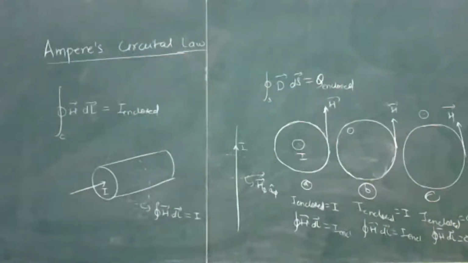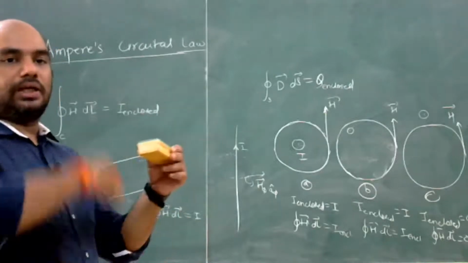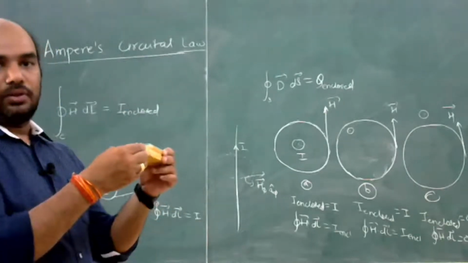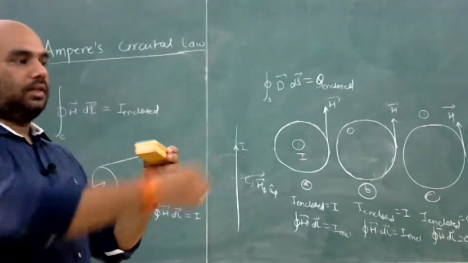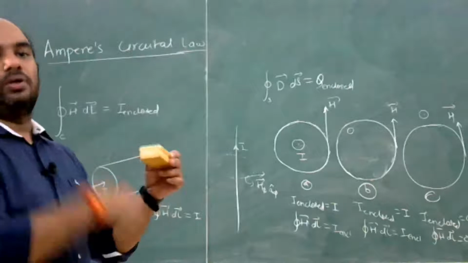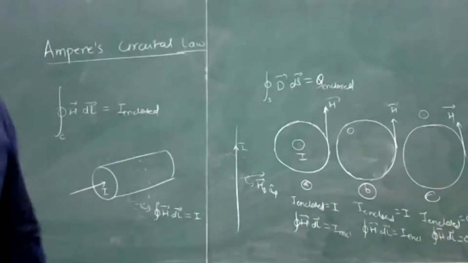So we have to take the loop in such a way that it must contain the conductor.